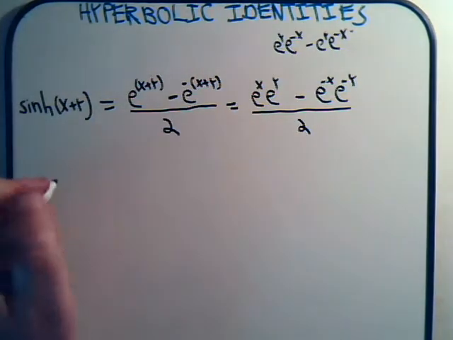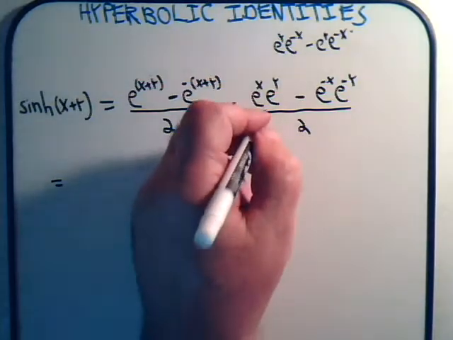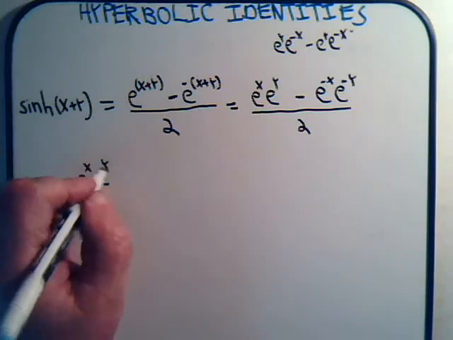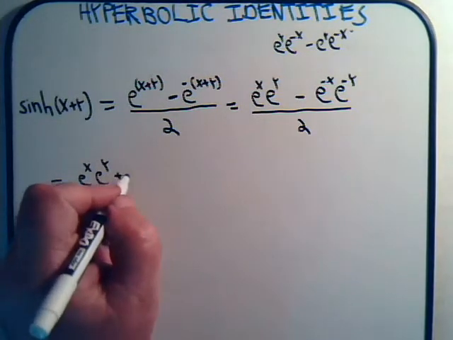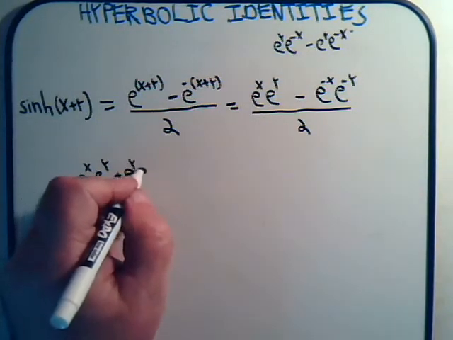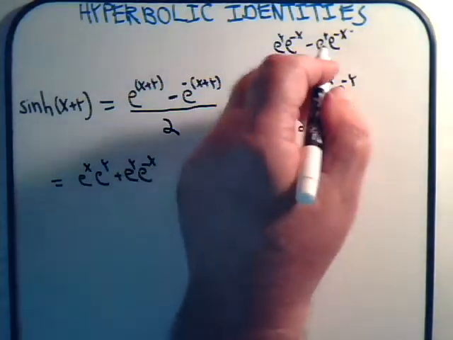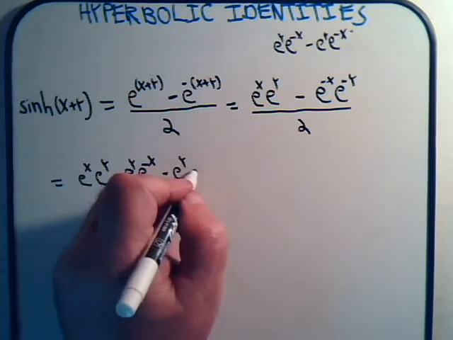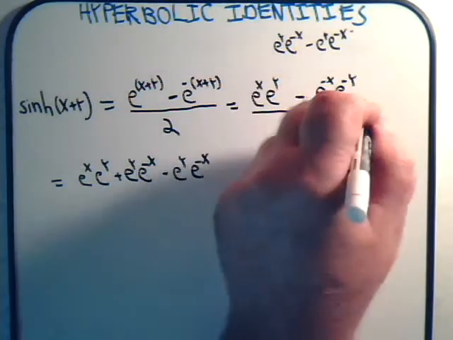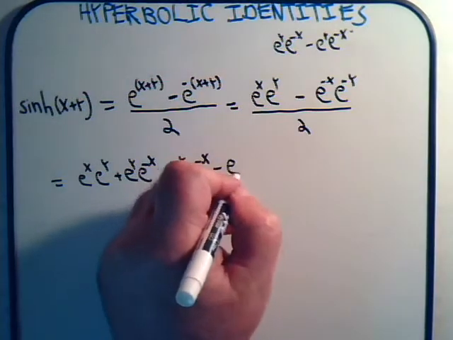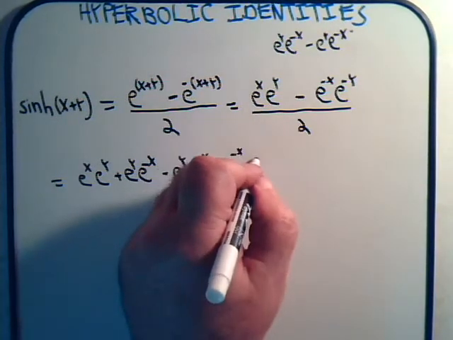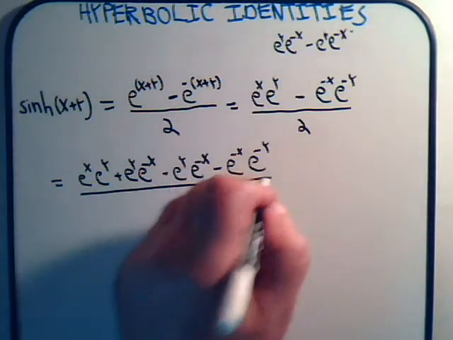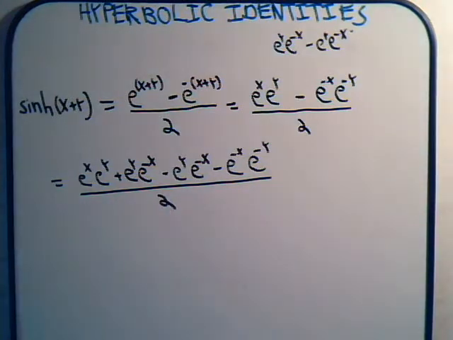And this will equal e to the x times e to the y plus e to the y times e to the minus x minus e to the y, e to the minus x, and then back to our original term, minus e to the minus x, e to the minus y, divided by 2.